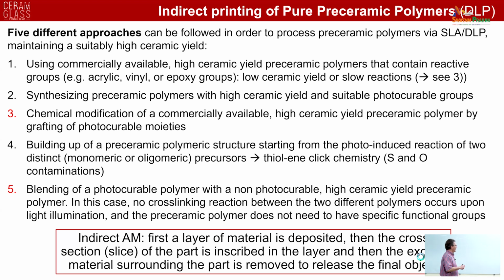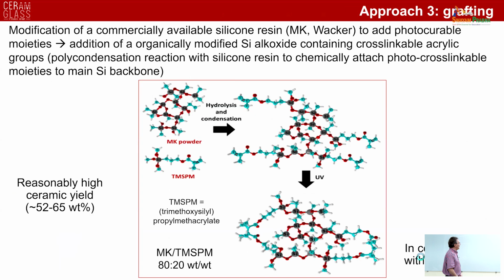And the other one is the blending of 2 polymers, a preceramic polymer and a photocurable polymer. So the first approach is possible if you have a preceramic polymer that has some reactive groups.